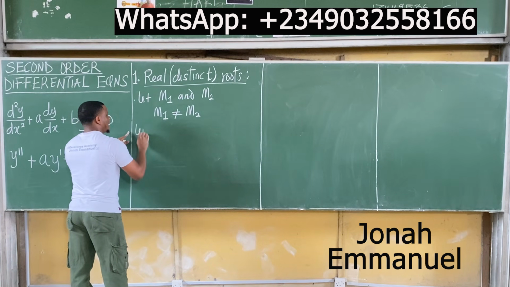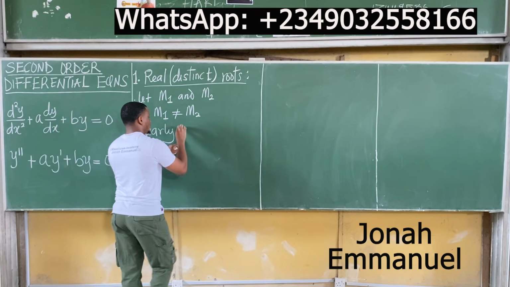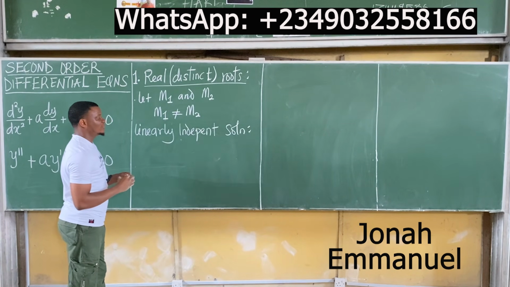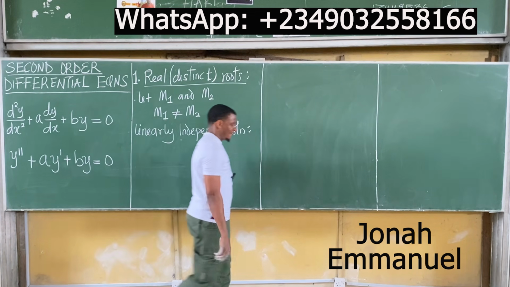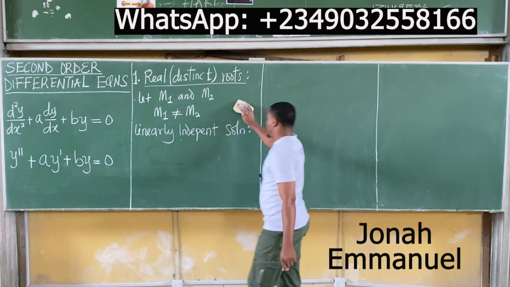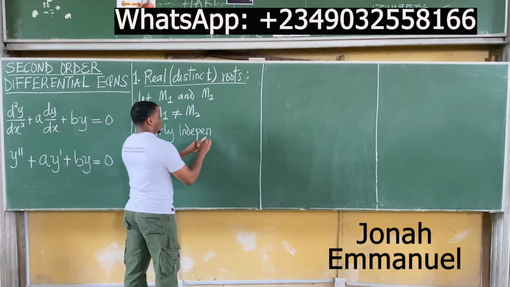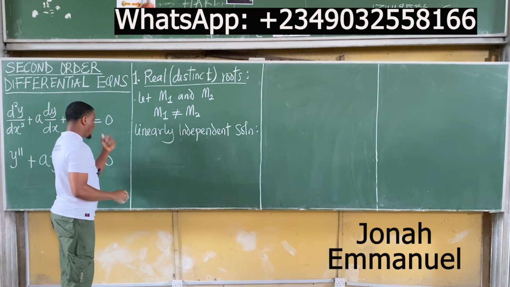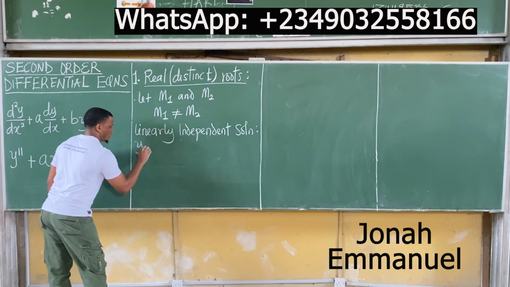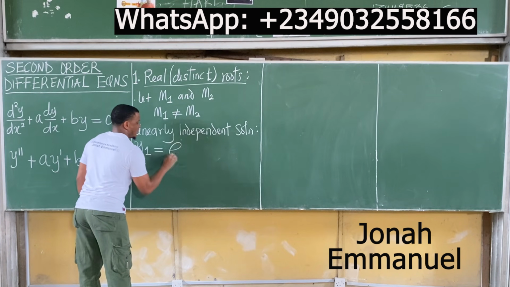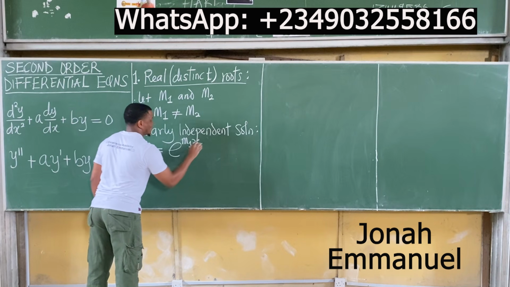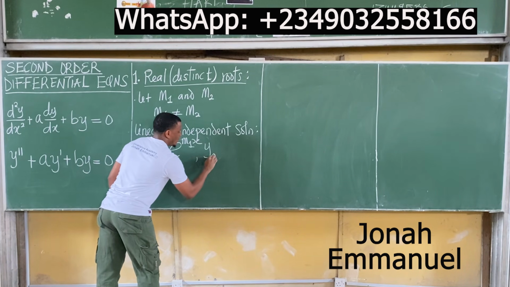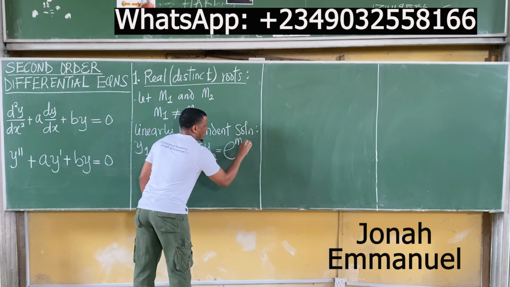In a case where they are different, the linearly independent solutions are given by y1 equal to exponential m1x, where the function is in terms of x, and y2 equal to exponential m2x.